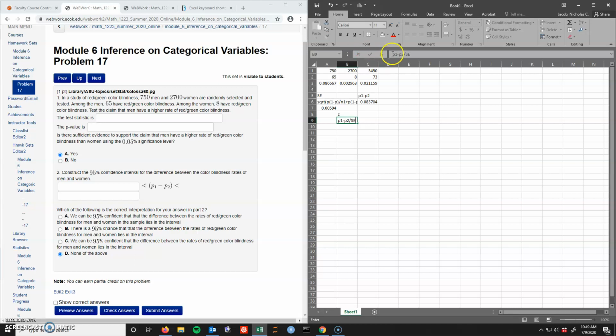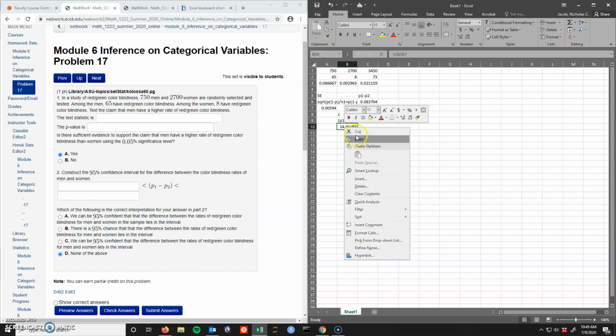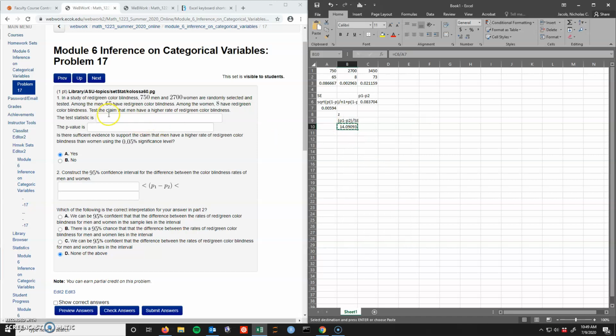And I do need some parentheses here. So for me here, it's actually just this cell divided by that cell. Whoa, that is a huge z-score. Remember Z being about 3 is pretty big. This one's huge, enormous. 14 is giant.